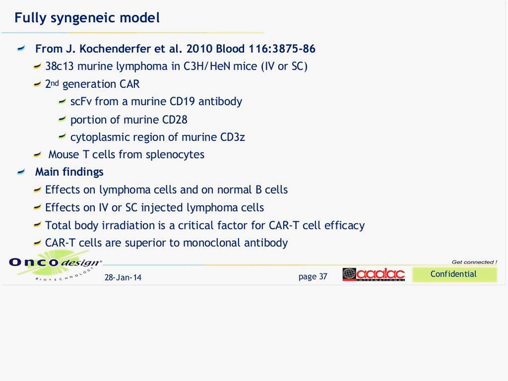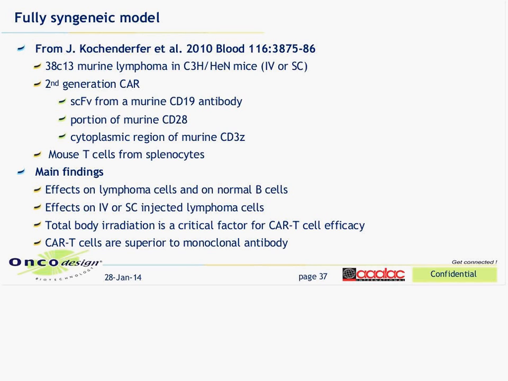This model was tested in different tissues, and effect of transduced T cells are seen in both cases, so there is no problem for biodistribution in the whole body of these transduced T cells.